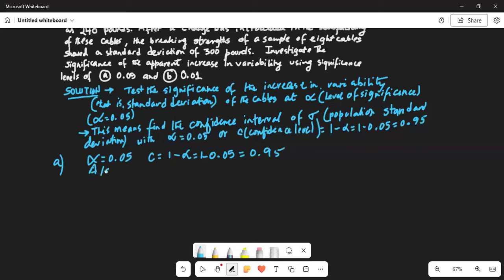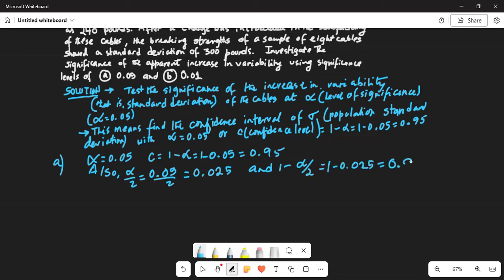Also, alpha by 2 is 0.05 divided by 2, which is 0.025, and 1 minus alpha by 2 is 1 minus 0.025, which is 0.975.